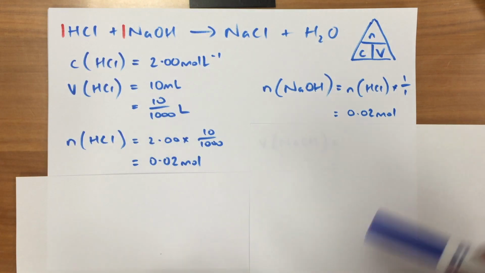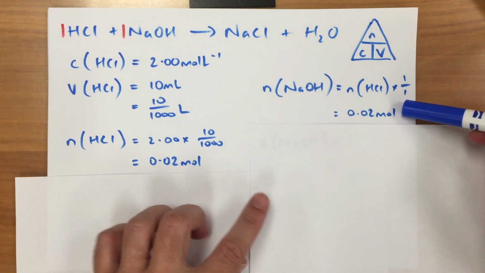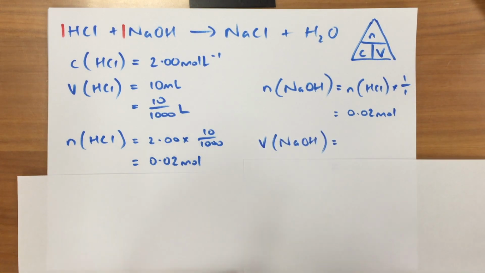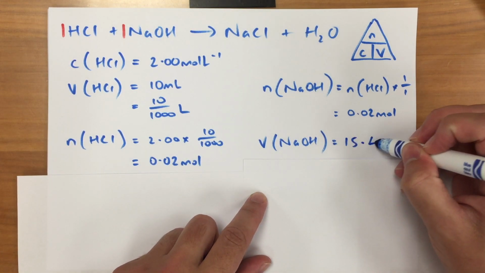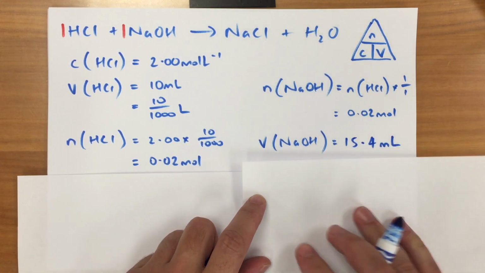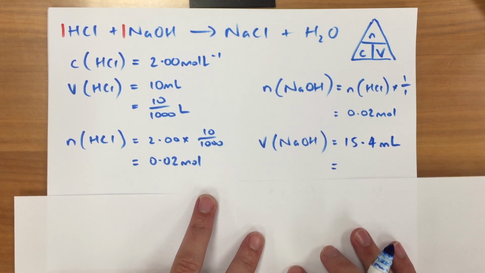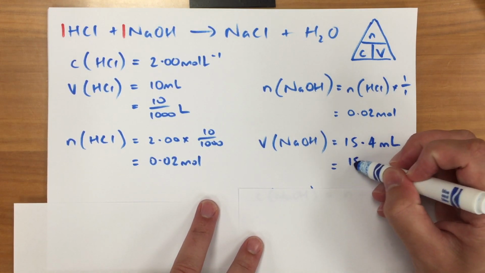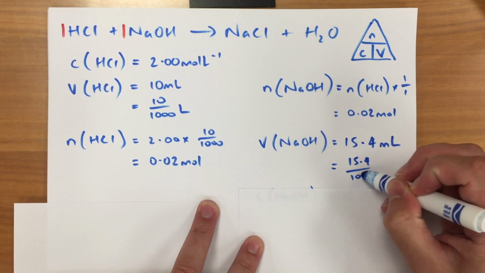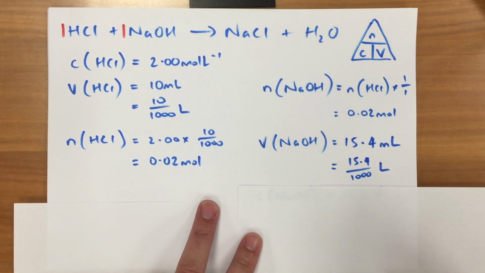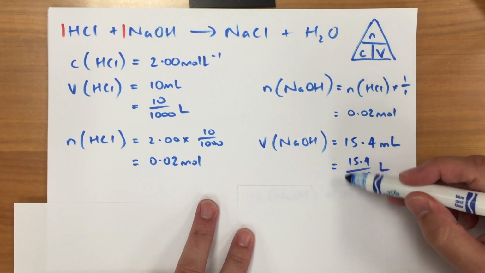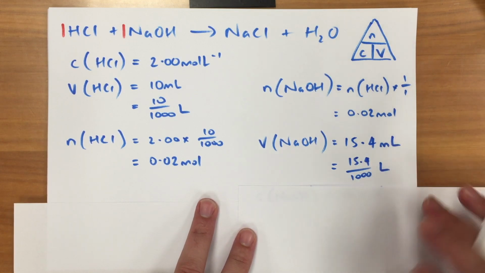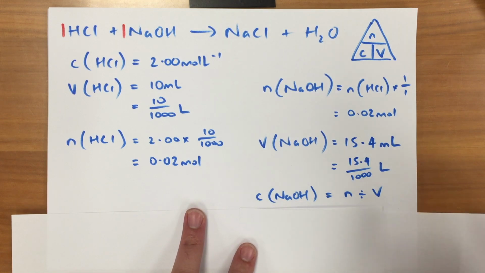So now I have the number of moles of sodium hydroxide. What volume of sodium hydroxide did I use? It was 15.4 mil. Again, a volume has to be converted into litres. So it's 15.4 over 1,000 litres. If I have the number of moles of sodium hydroxide that I used and the volume that that sodium hydroxide was in, I can work out its concentration by going number of moles divided by volume.